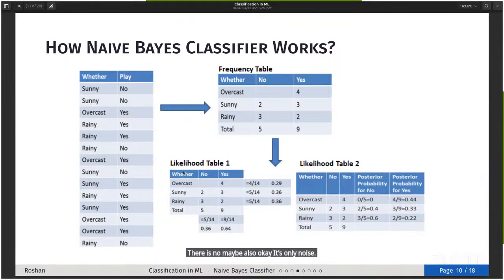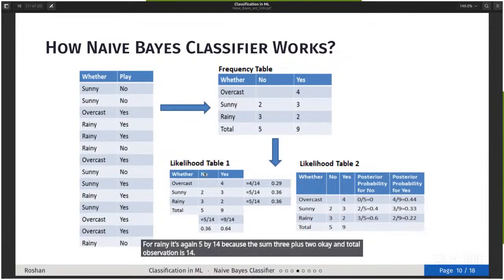What you calculate next is the likelihood. For overcast, you calculate the probability given the total number, 4 by 14. It's 5 by 14 for sunny. For rainy, it's again 5 by 14, because the sum is 3 plus 2, and the total observation is 14.